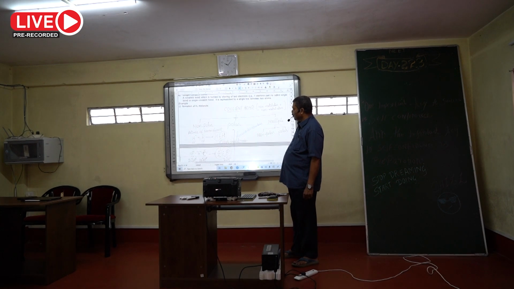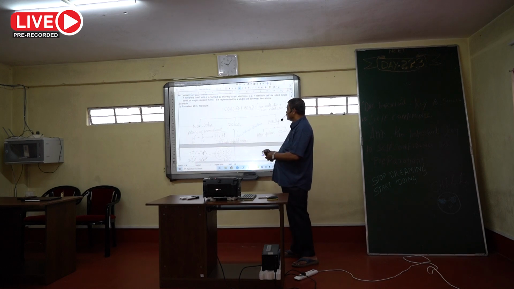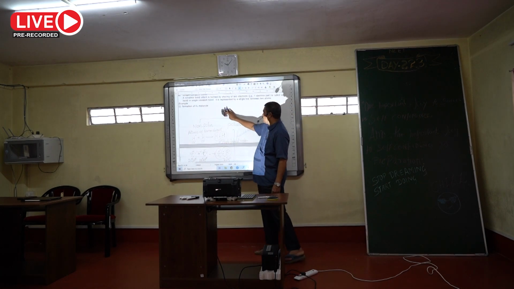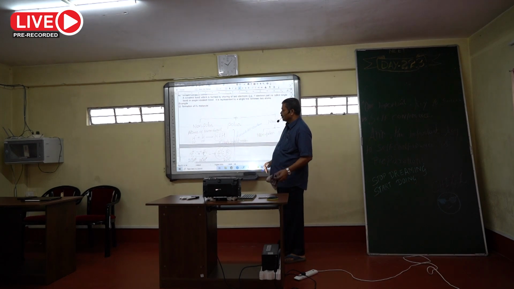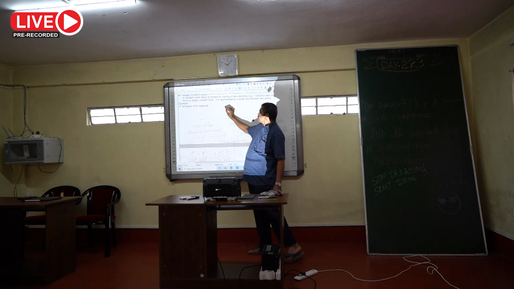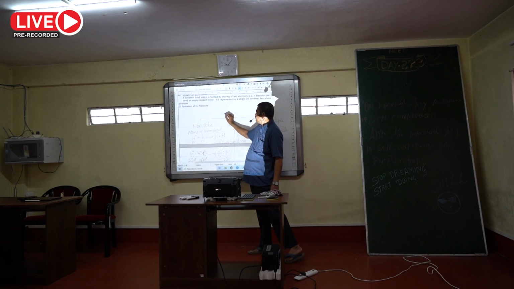Now if you want, you can write one more example under non-polar: Cl2. Chlorine also has 7 electrons, 3s2 3p5.